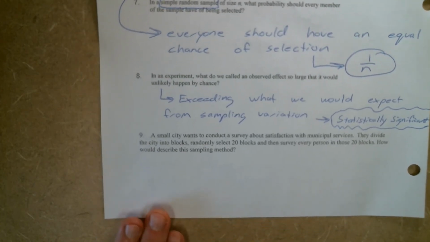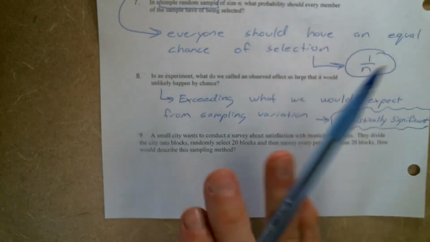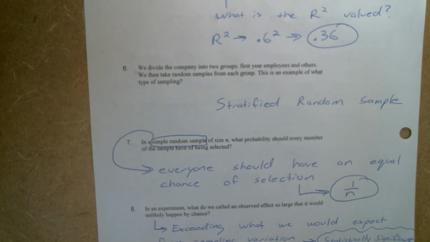All right, last but not least, a small city wants to conduct a survey about satisfaction with municipal services. They divide the city into blocks, randomly select 20 blocks, and then survey every person in those 20 blocks. How would you describe this sampling method? All right, so this is different than number 6. In number 6, we divided the groups by some characteristic and then surveyed separately from each group.